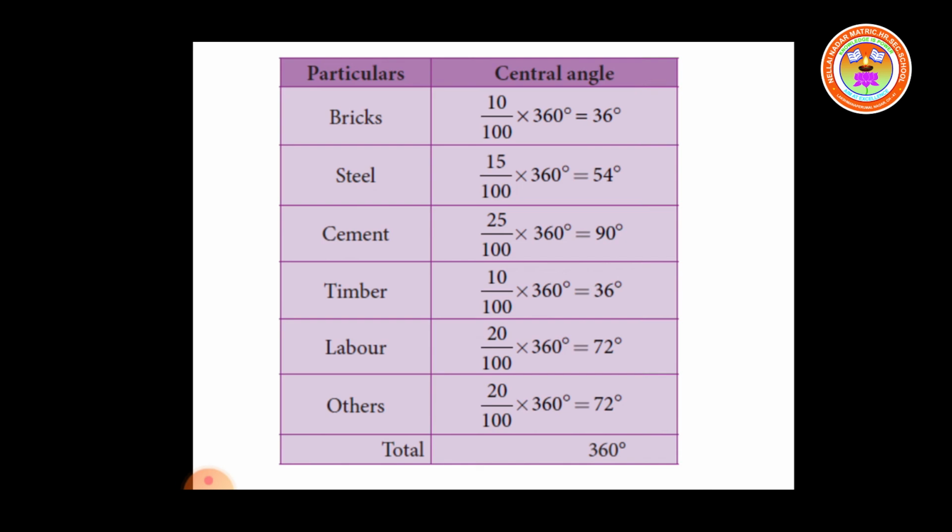It will give 90 degree. Timber 10 by 100 into 360 degree is equal to 36 degree. Labor 20 by 100 into 360 degree is equal to 72 degree. Others 20 by 100 into 360 degree is equal to 72 degree. When we add all the central angles, we will get 360 degree.